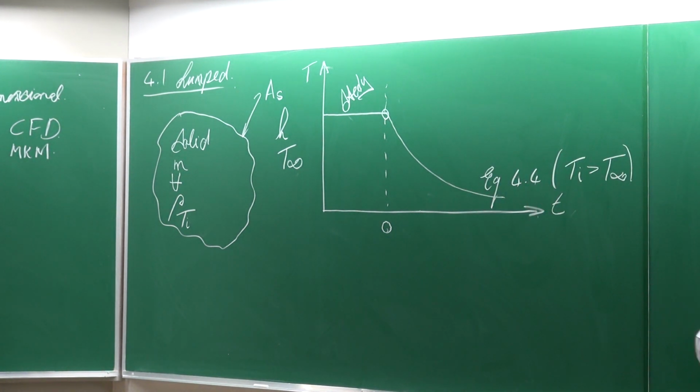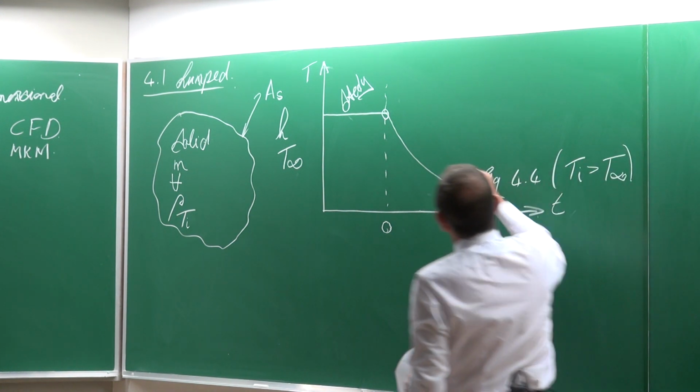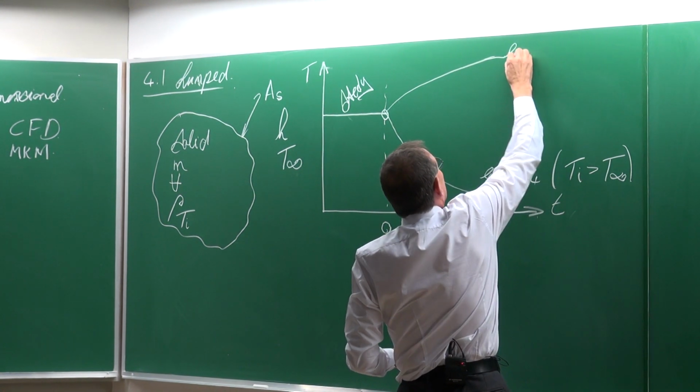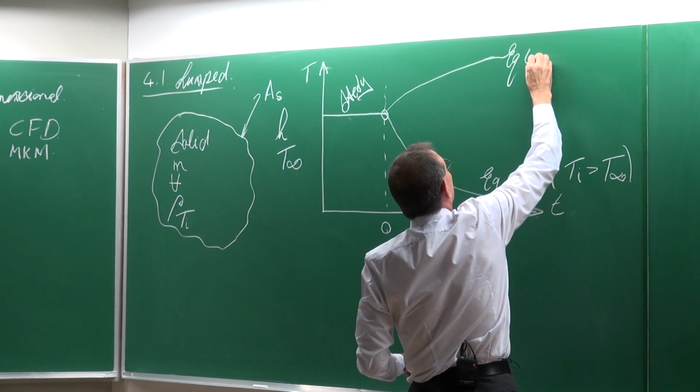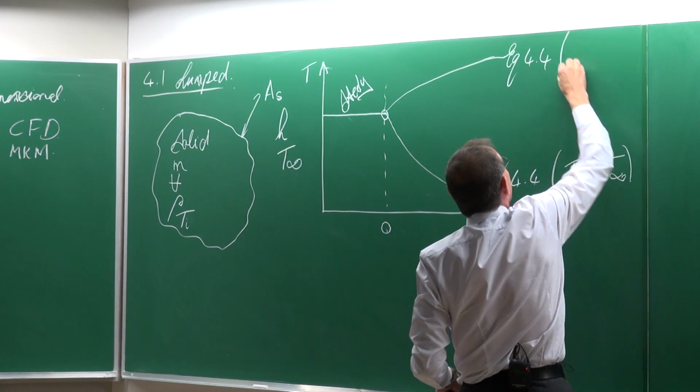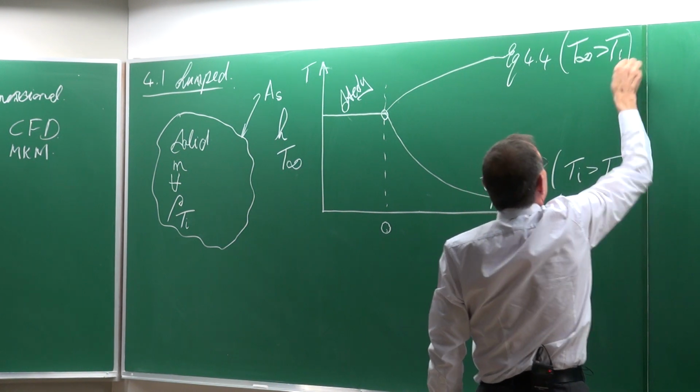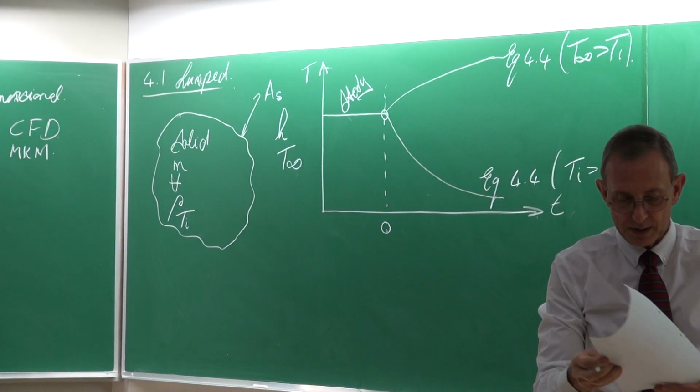So typically that would be the trend. Well, the trend would be something like that, and it will still be described by equation 4.4, but that would be if the temperature of the environment is larger than the initial temperature.